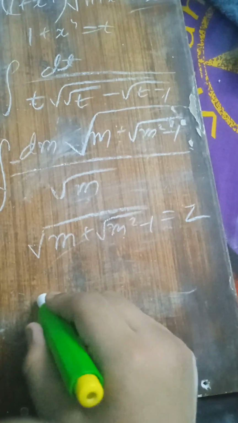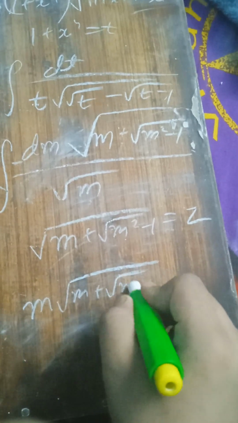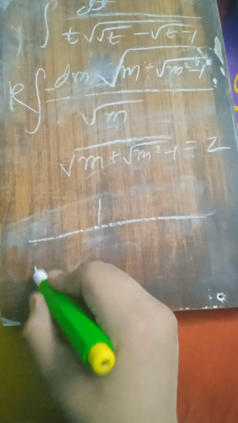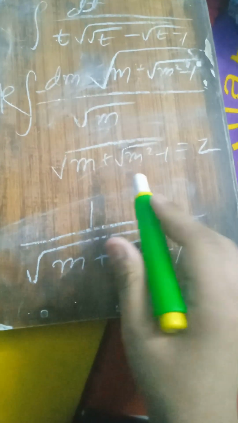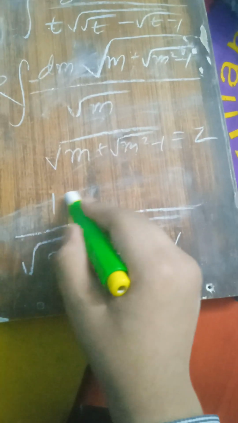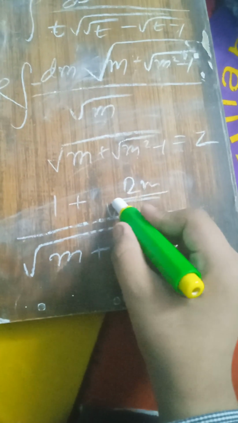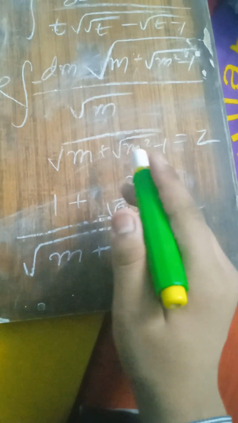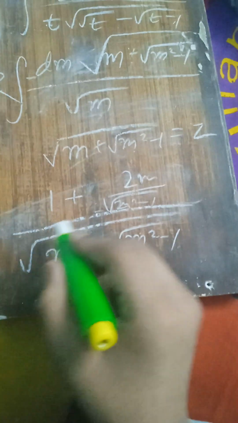Let me show you the whole derivative: 1 plus 2m over 2 root of m square minus 1, 2 gets cancelled.